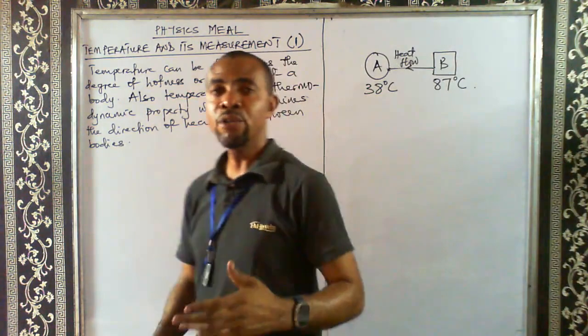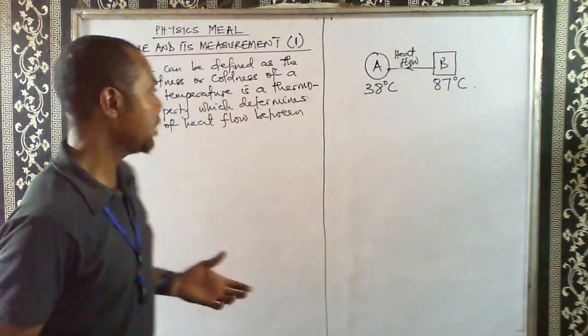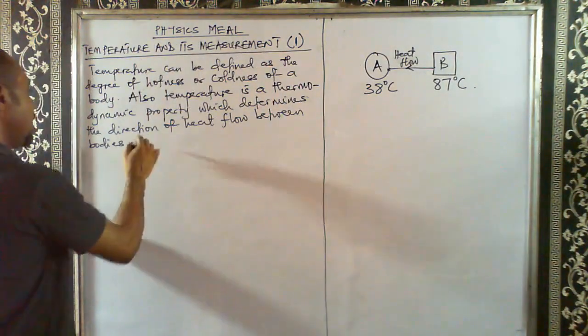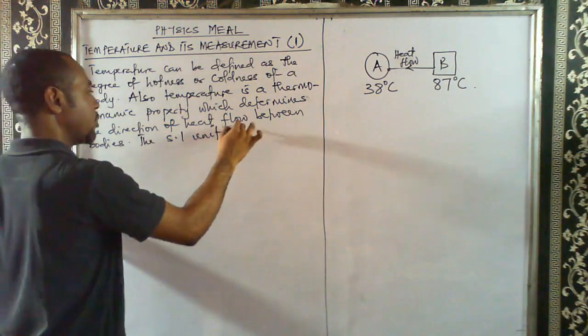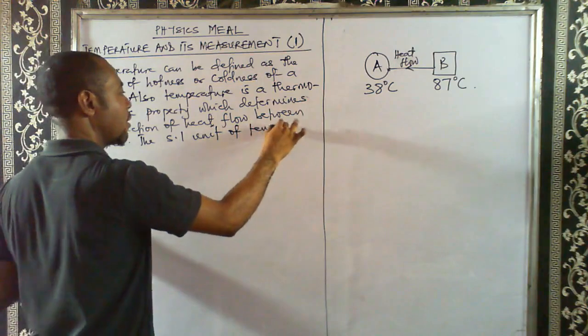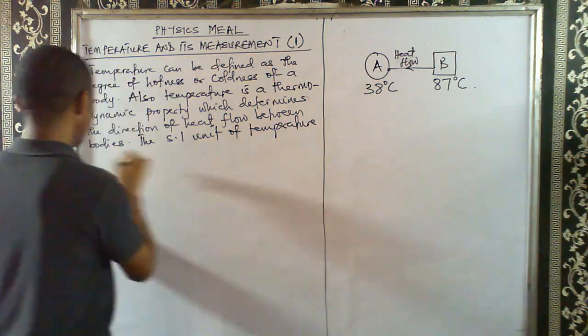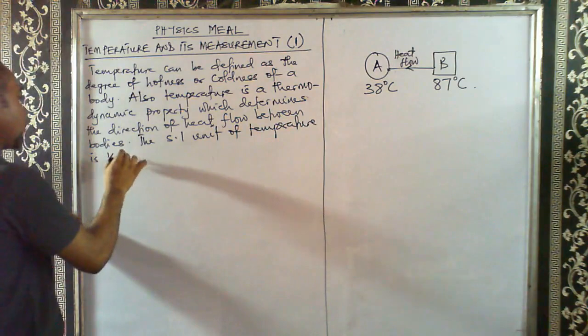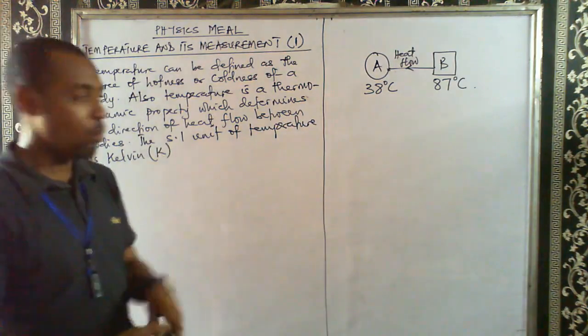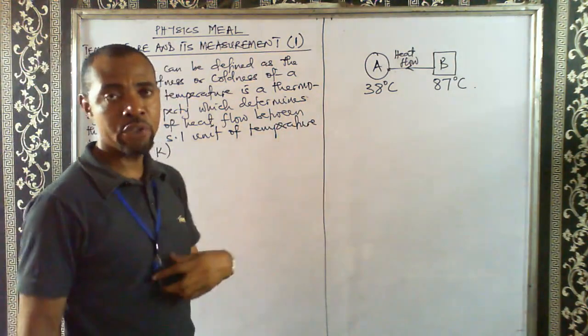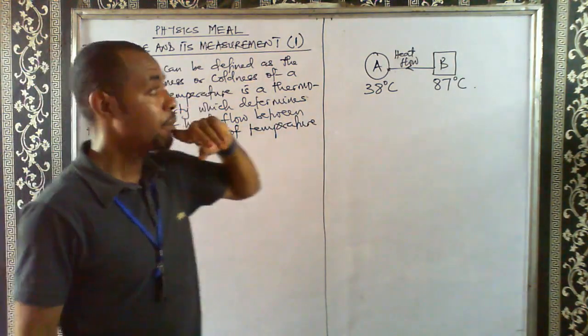Now the SI unit of temperature is Kelvin. The SI unit of temperature is Kelvin. Now there are other units which you are going to see when we come to our next topic, or next aspect of temperature and heat measurement.